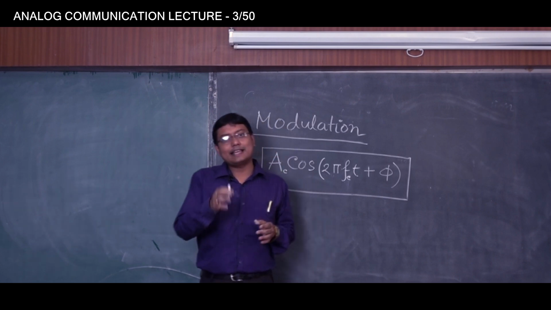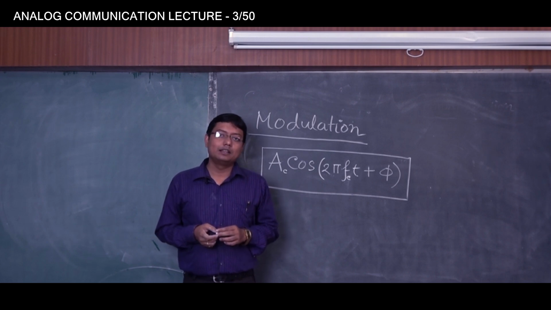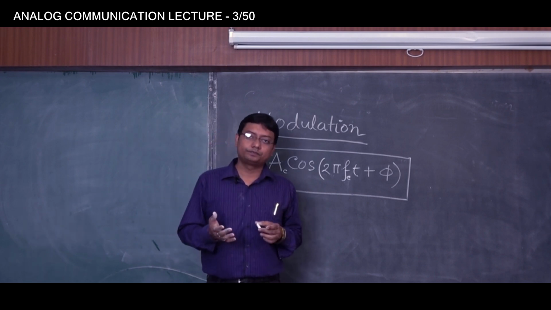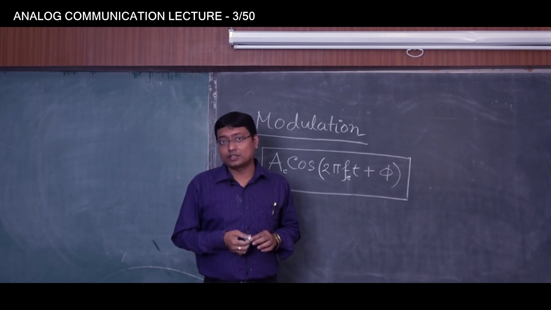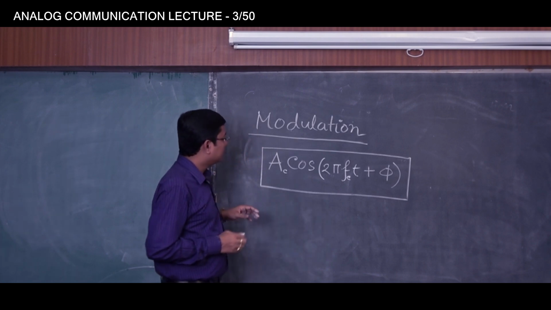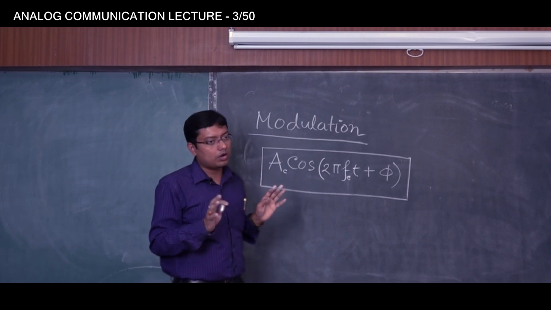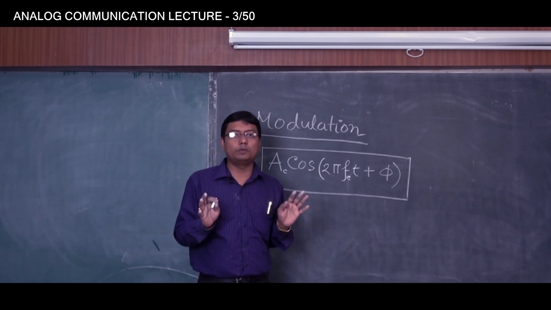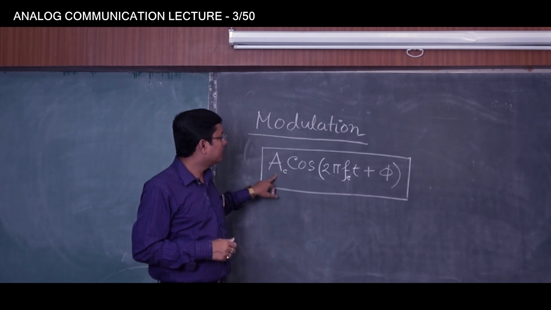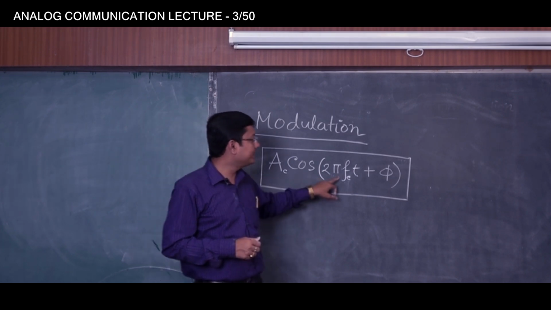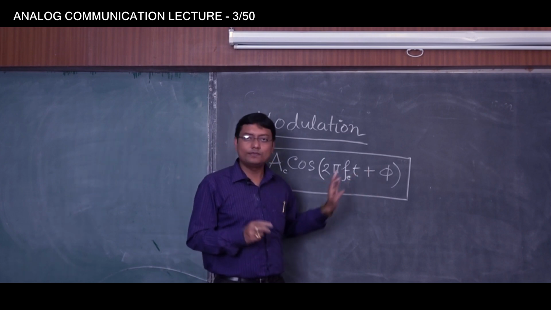But before that, as I have already tried to define the process of modulation, we need to realize that definition first today. I told you that this is the equation of a simple carrier wave that we have considered. Now A_c is the amplitude, f_c is the frequency, φ is the phase.